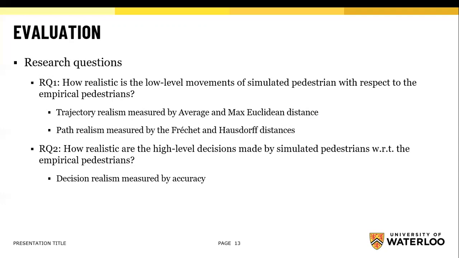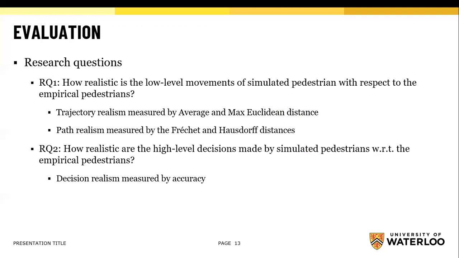And so for the first question, asking about the realism of low-level movements, we measure the trajectory realism by the average and the maximum Euclidean distance metric. And also we measure the path realism by the Frechet and Hausdorff distances, which are more geometric similarity measures for the entire path.